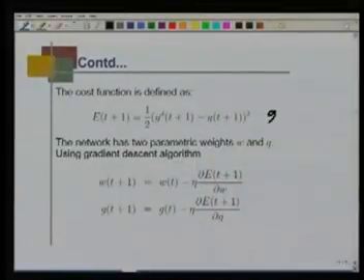Now you see that we will not compute a cost function like the batch update we do in a backpropagation network or backpropagation through time. This is instantaneous.